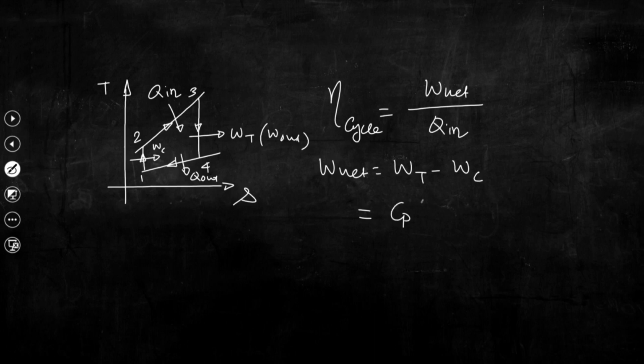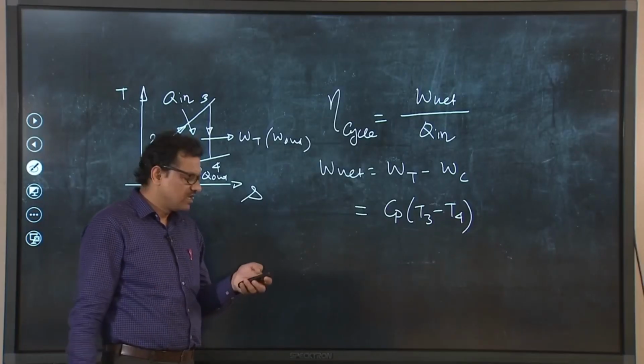We are assuming Cp constant, but as I said, in real application it would be correct if we consider the average value of Cp and gamma, because processes 3 to 4 and 1 to 2 are mathematically represented by the relation Pv to the power gamma equal to constant, and this gamma should be taken as an average, because in the expansion and compression processes gamma will change.